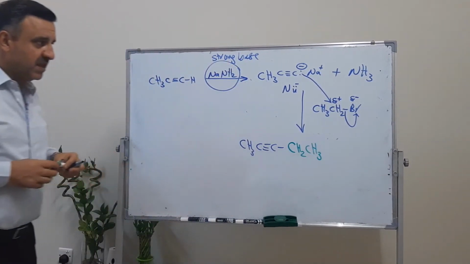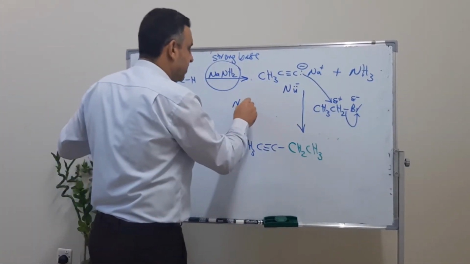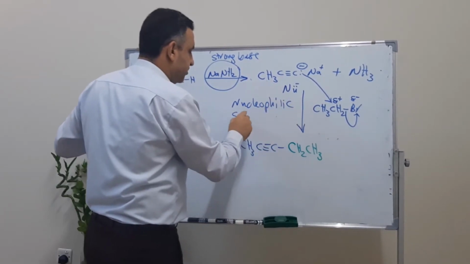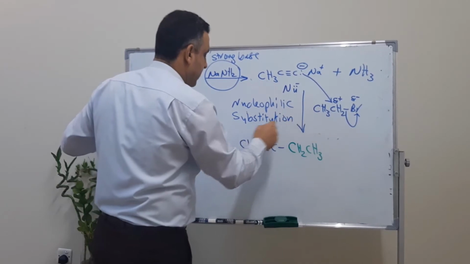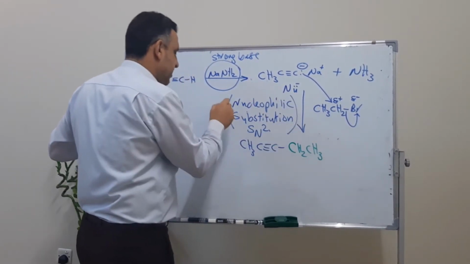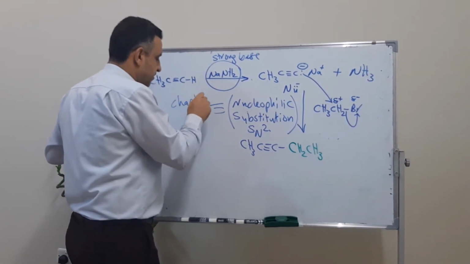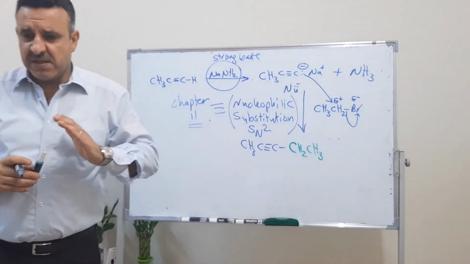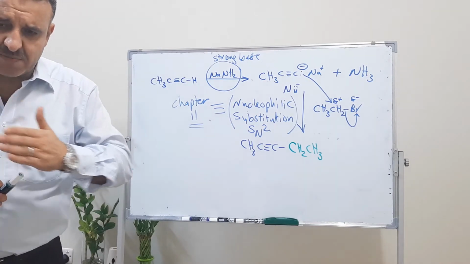This reaction is called nucleophilic substitution, SN2. We will talk about this in more detail in chapter 11, where we will explain the mechanism of this reaction in much detail.